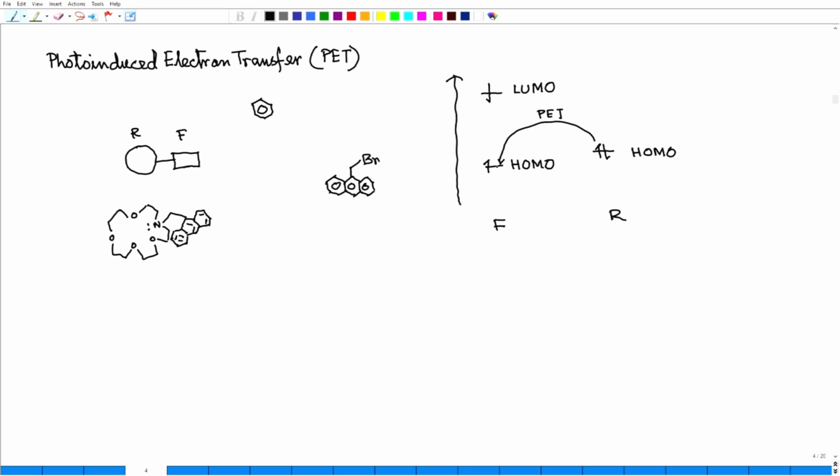And the electron at the LUMO of the fluorophore can slowly come back, giving off energy in the form of heat, and then we are back to square one.